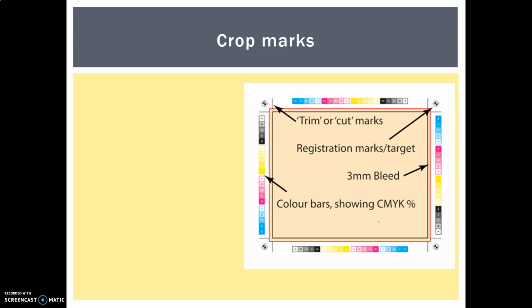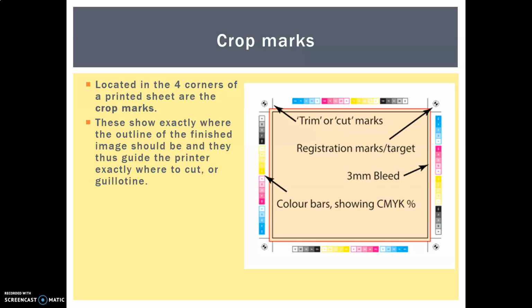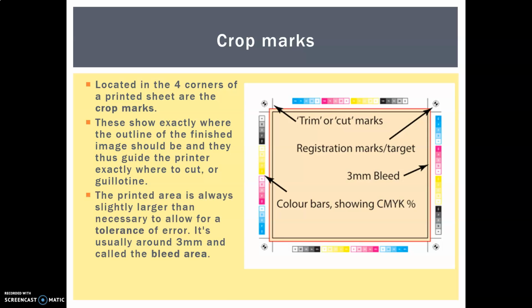So crop marks, you will find them up in the corners of products before they are cut and sent out. So they're located in the corners, and they show exactly where the outline of the finished image should be and guide the printer to where to cut or guillotine. The printed area is slightly larger than necessary to allow for a tolerance of error, and there's usually about 3 millimetres, which is quite large, and this is called the bleed area.